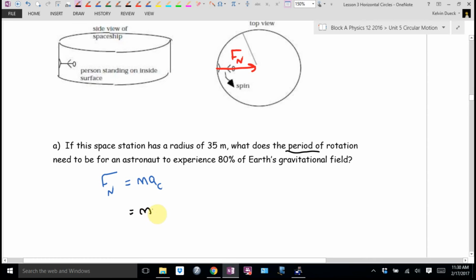So on the right-hand side, I'm going to go m times 4 pi squared r over T squared. By the way, this is the equation that kids most often forget to put the mass in front of, because it looks so complicated they think, oh, that has to be a force. It's an acceleration. Now it's a force. On the left-hand side, I have the normal force. I don't know the normal force. Oh, but I know how big I want the normal force to be. How big do I want the normal force to be?